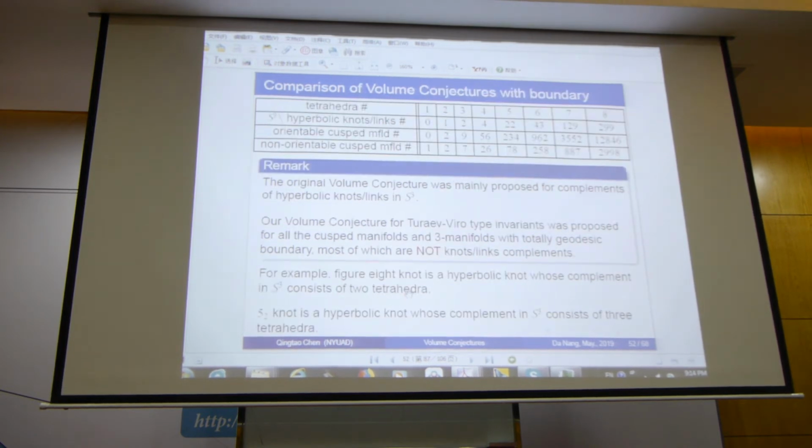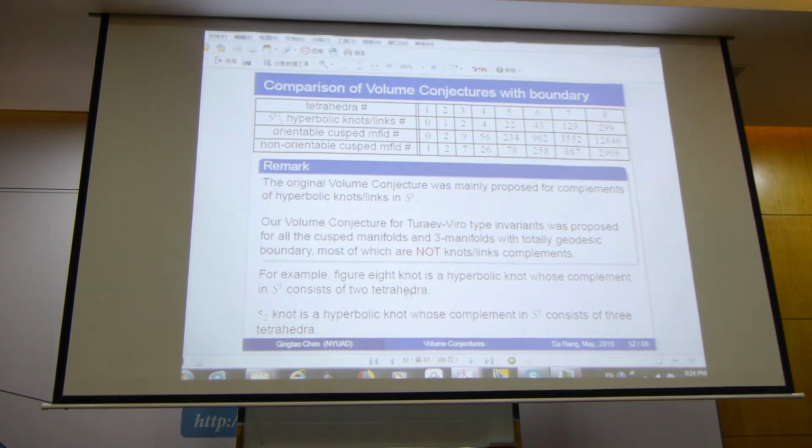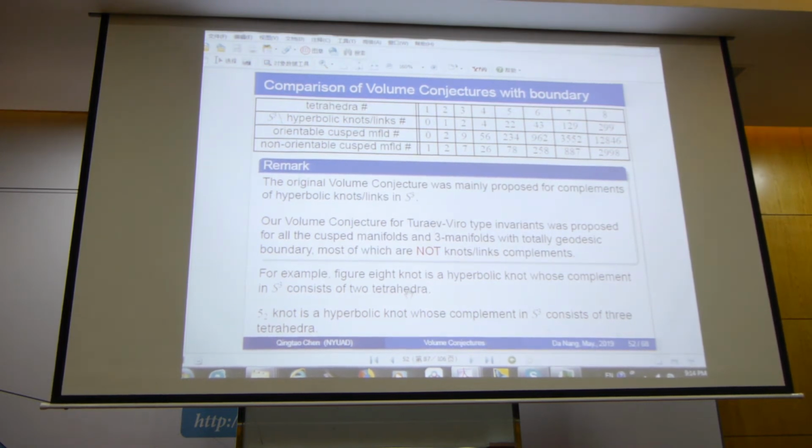Okay, so here I give a count of how many examples for the Kashaev manifold. For the triangulation case, the previous Kashaev-Jones polynomial was only proposed for those knots. If you use 8 tetrahedra, for the ideal triangulation, the original volume conjecture was only proposed for 299 cases.